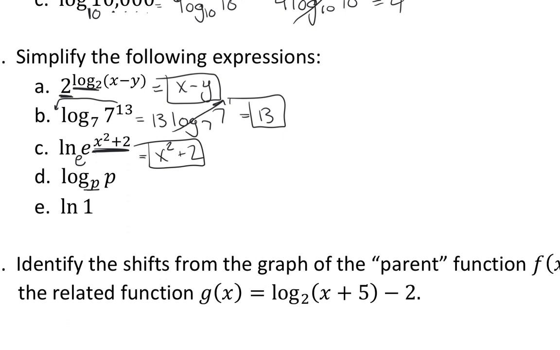Right, so we have log base p of p, we know that's just going to equal 1, and then ln of 1, we know that anything raised to the 0th power is equal to 1, so we know that this is equal to 0.